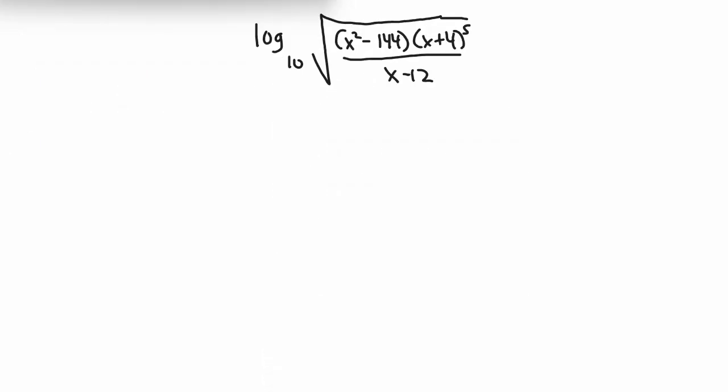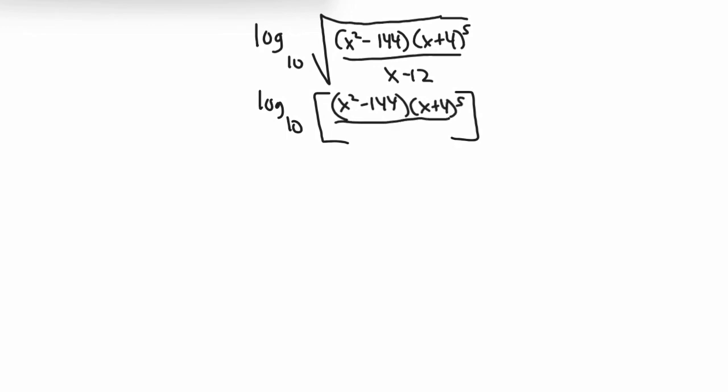Problem 3. This one's another square root, so let's start by rewriting the square root as being raised to the 1/2 power. Log base 10 of x squared minus 144 times x plus 4 to the fifth, all over x minus 12, and this is all to the 1/2 power. From algebra, you might remember a difference of two squares.